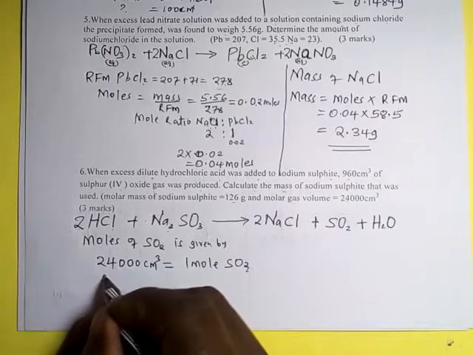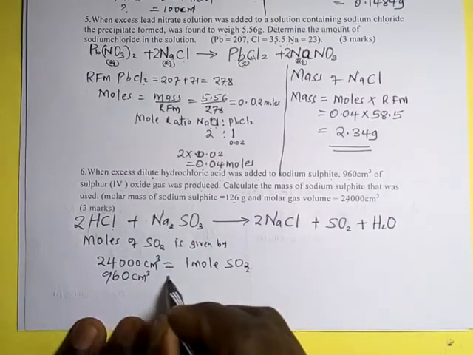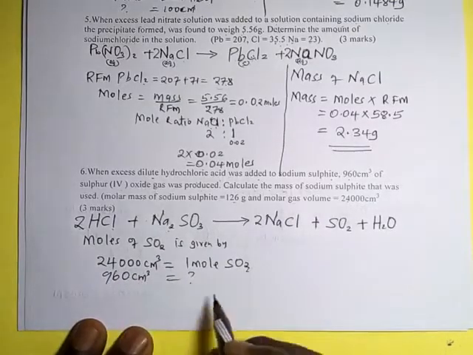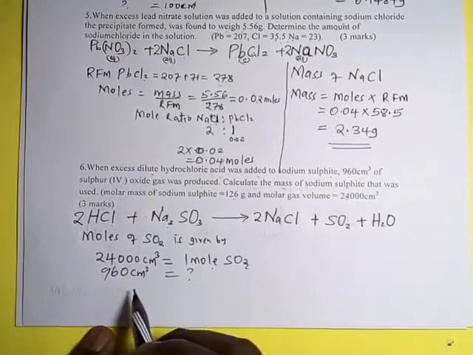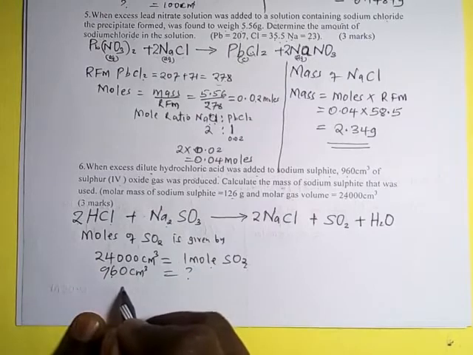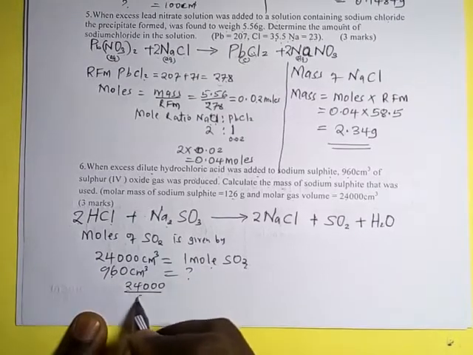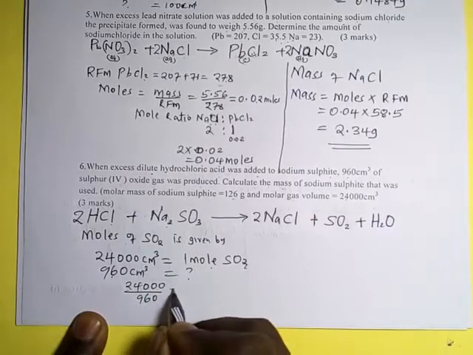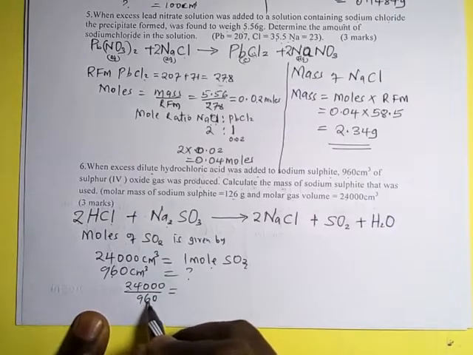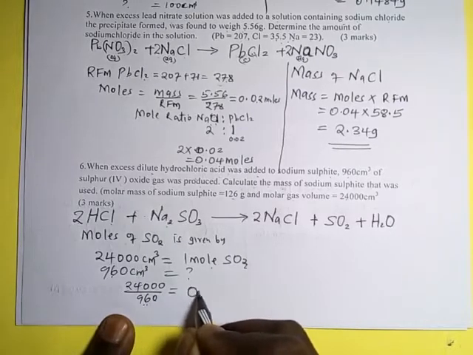So we ask: 960 centimeters cube would contain what number of moles? So we get 960 divided by 24,000, which will give us 0.04.